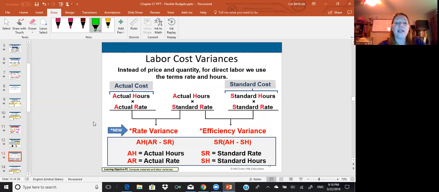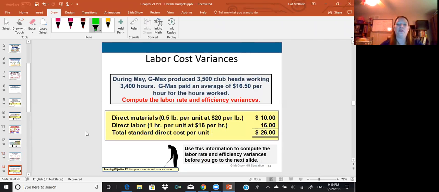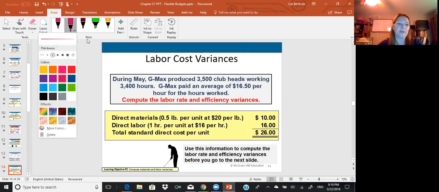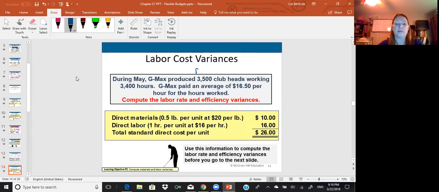So if we were looking at labor, it works exactly the same, except with labor, how many hours we work is our quantity, and the rate is what we pay per hour. So now, same golf clubs, except we're saying that we produced, so this is actual, we produced 3,500 golf clubs, and we worked 3,400 hours.